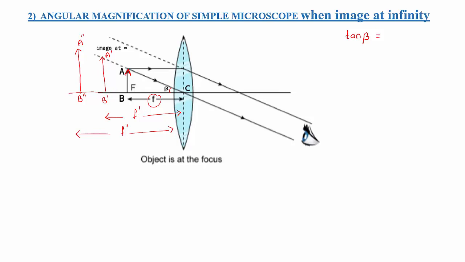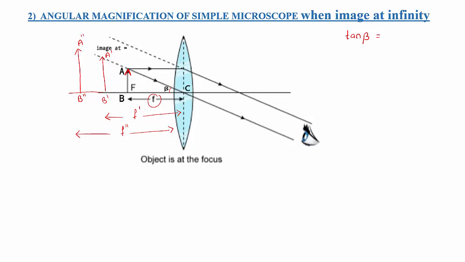At the third point, it is adjusted to A double dash B double dash, then the adjacent side becomes F double dash, so it goes on changing. That means up to infinity we can magnify the image of a small object.